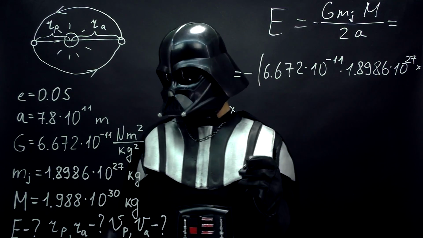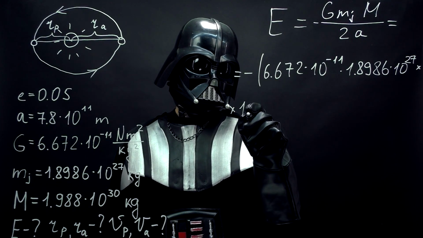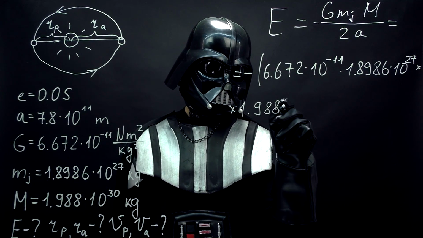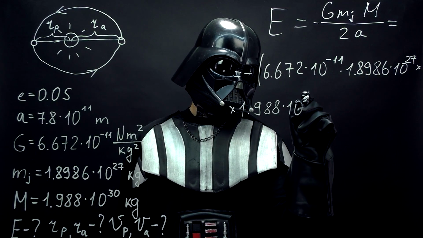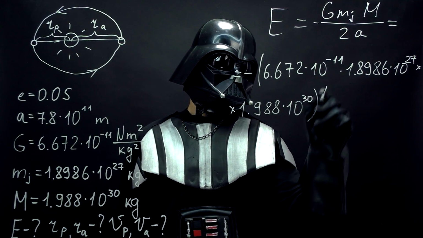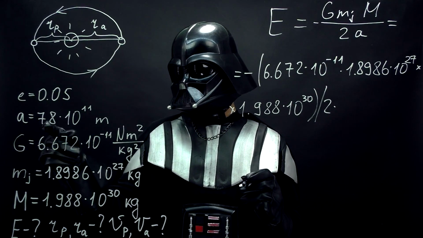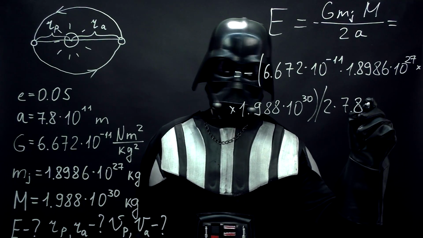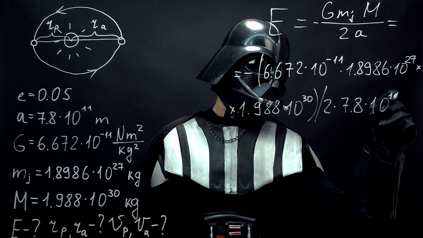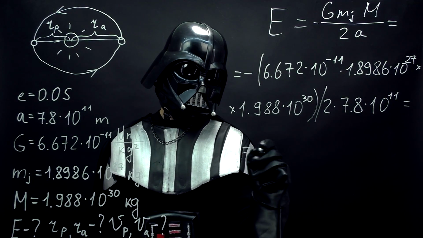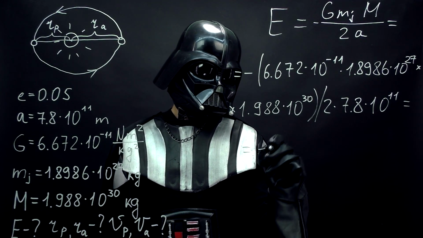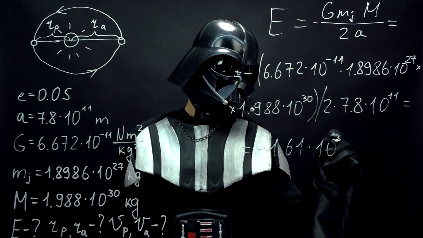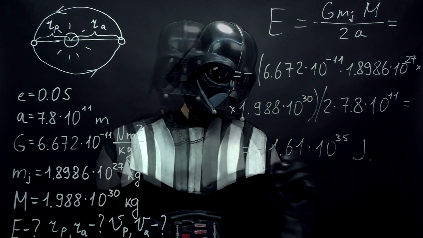And then the mass of the Sun. And they're divided by 2 times semi-major axis. And this gives us negative 1.61 times 10 raised to the 35th power of joules.